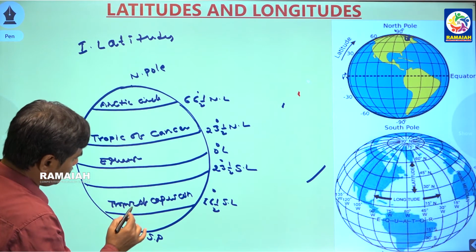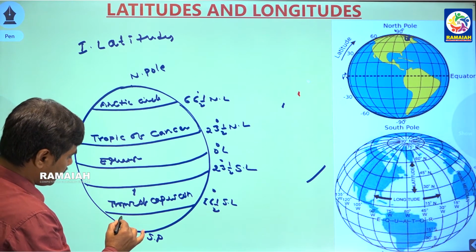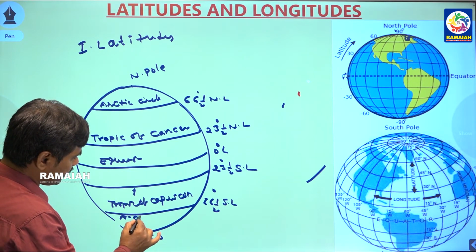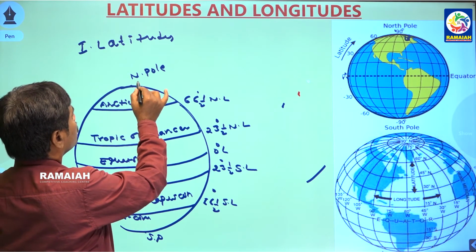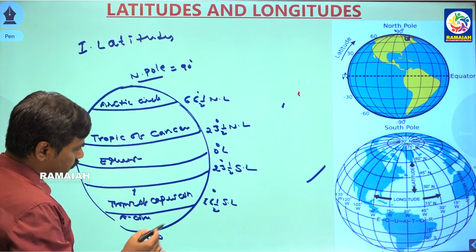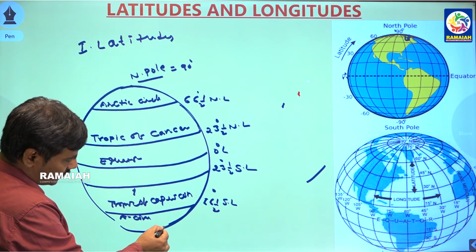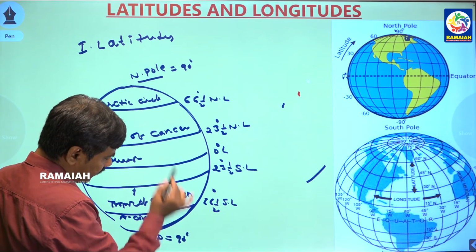This is the Antarctic Circle. From 66½ up to the North Pole, measured with the 90 degree latitude, and from 66½ up to the South Pole, measured with the 90 degree latitude.